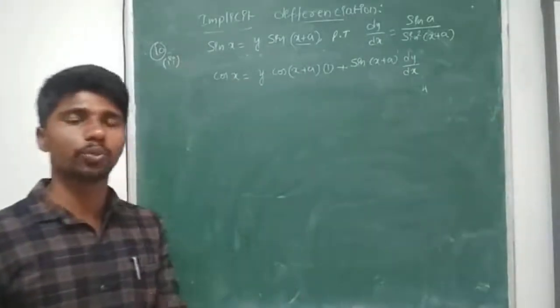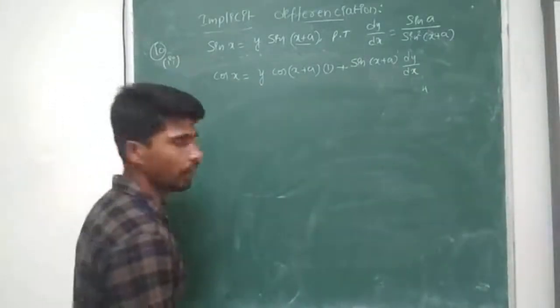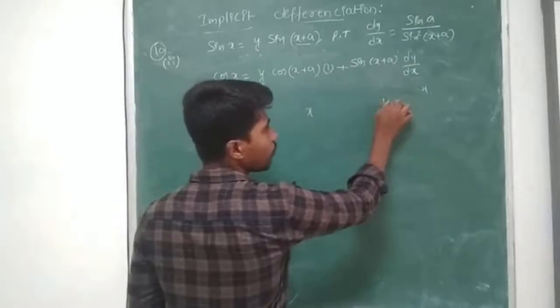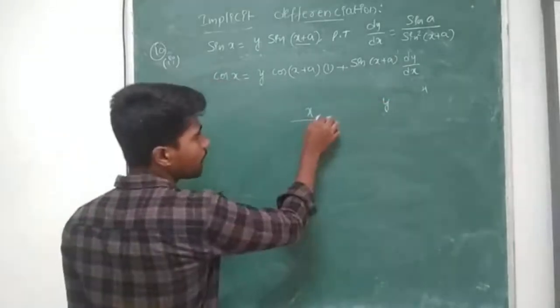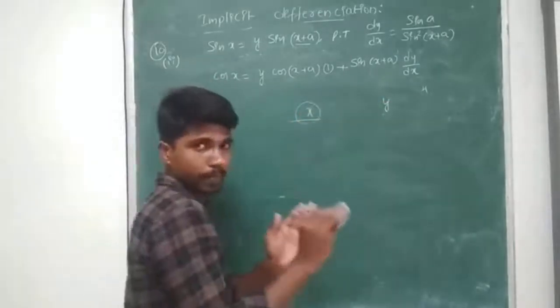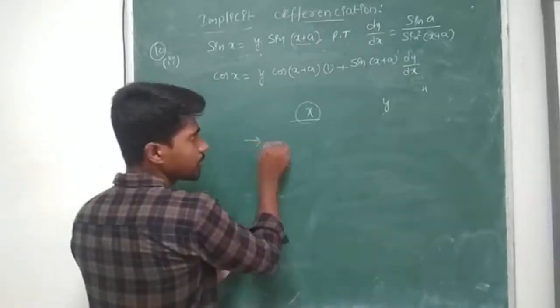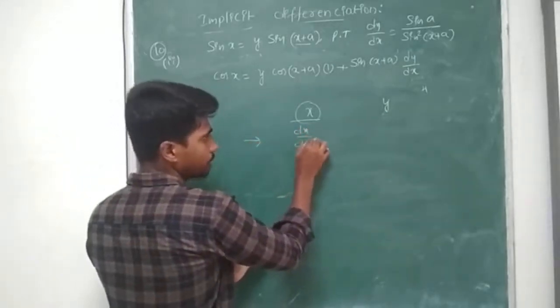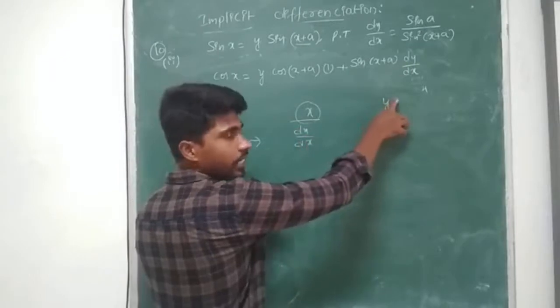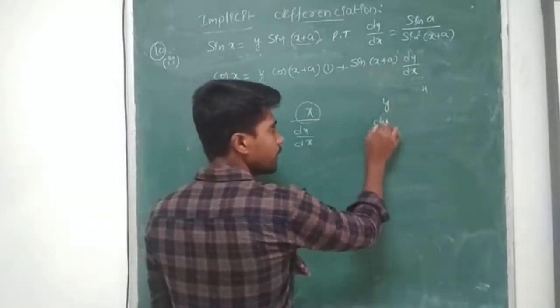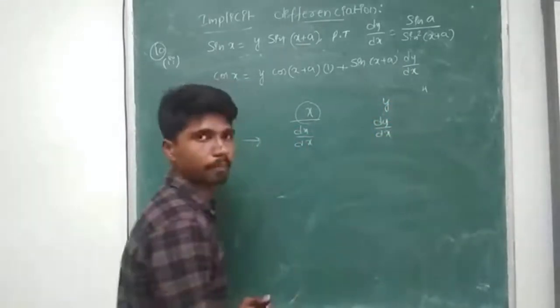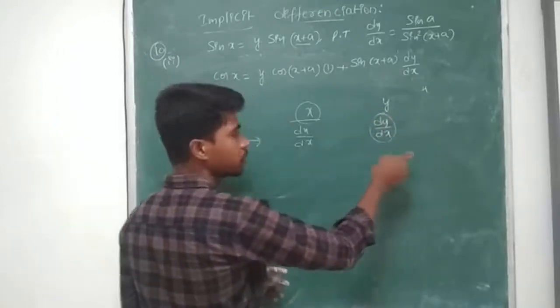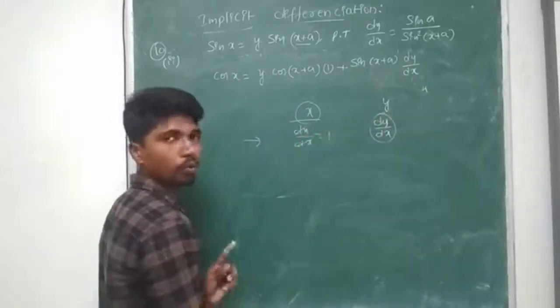So here the two things we have to remember. I have a function like x and y. I am differentiating x with respect to x, then we get dx by dx. Differentiating y with respect to x, then we get dy by dx. So dy by dx only, but dx by dx we get 1.